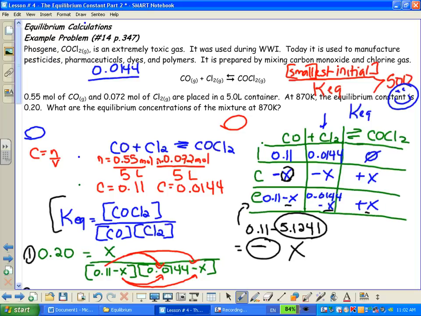We divide that by our K, which is 0.20. If you put that in your calculator, you'll see it has a value that is less than 500. So we have a sad face, and we have to do all of the equation with the x.